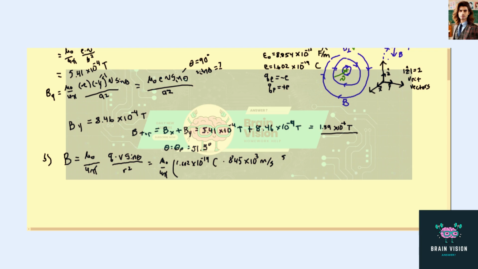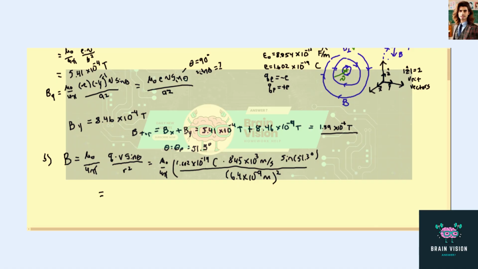And then we'll have sine of 51.3 degrees, all divided by 6.4 times 10 to the minus 9 meters squared.